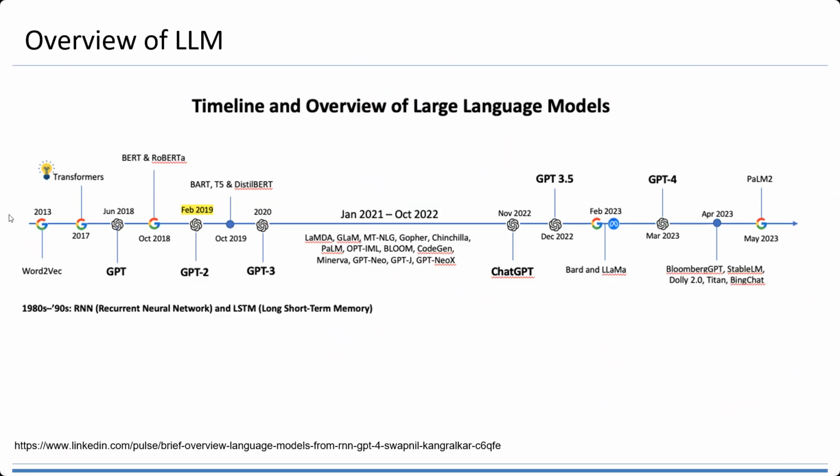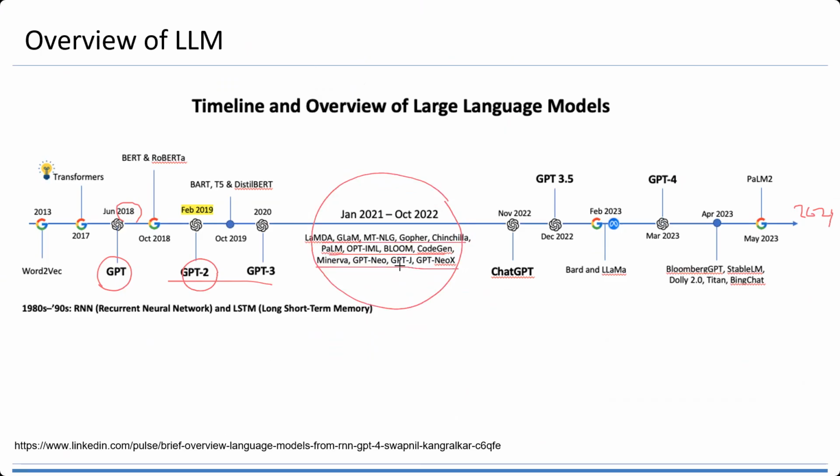So let me review a little bit about what they already did. GPT was developed in 2018, and now we have GPT-4 in 2024. And GPT is based on the decoder only. But in this year, you can see there are a lot of new pretrained models, and they try to fine tune.